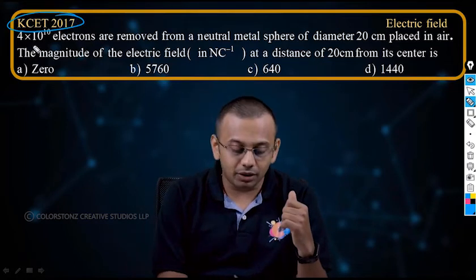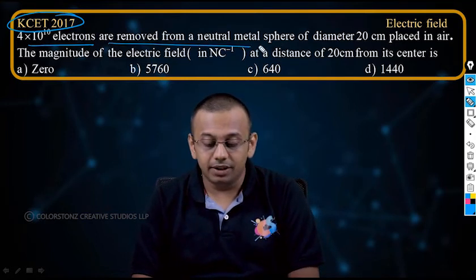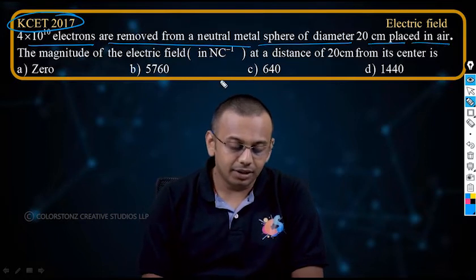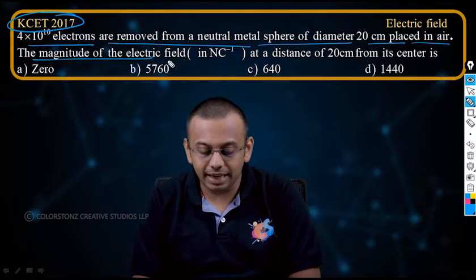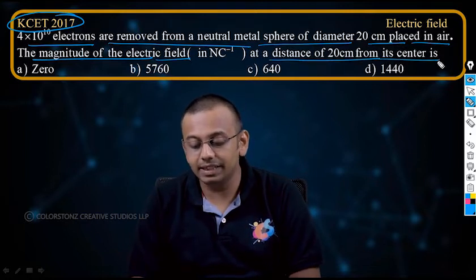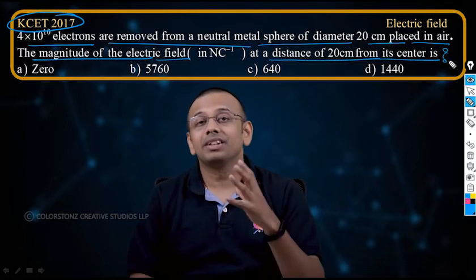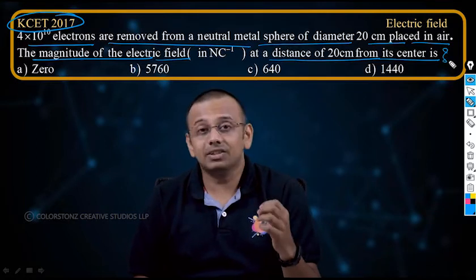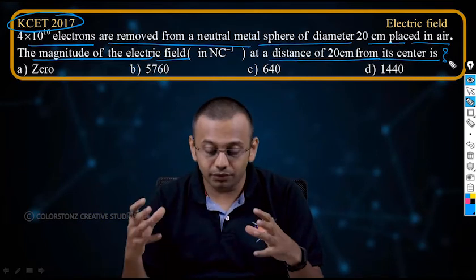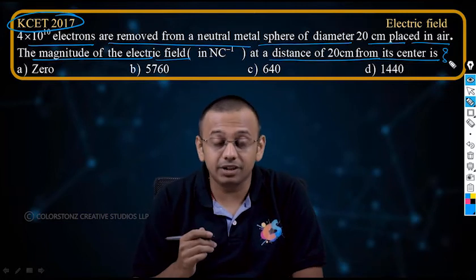4 into 10 to the power 10 electrons are removed from a neutral metal sphere of diameter 20 centimeters placed in air. The magnitude of the electric field in Newton per Coulomb at a distance of 20 centimeters from its center is? Okay, so in such a scenario, if some electrons have been removed from the sphere, it is going to become positively charged.